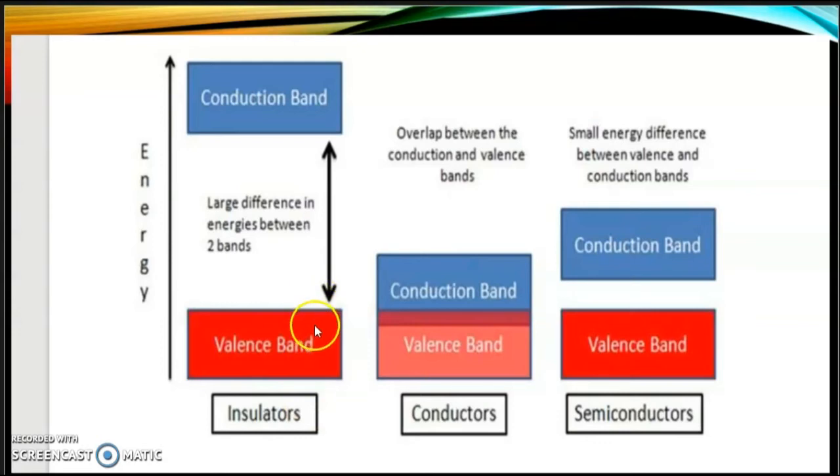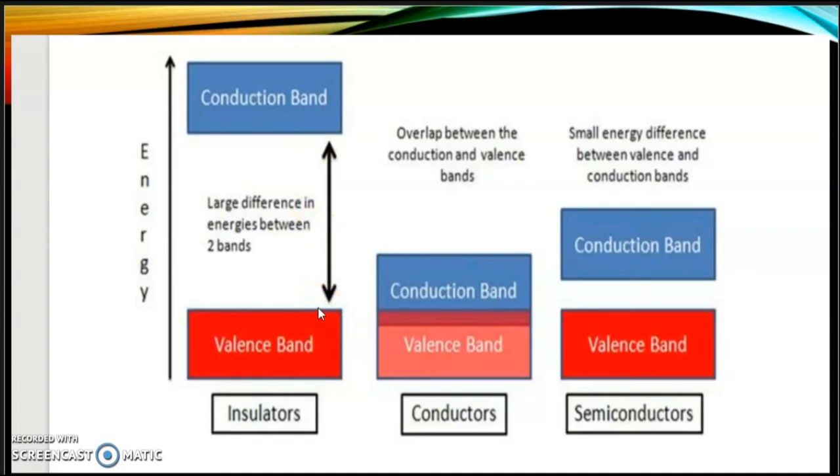So for this reason, no matter how an electron is excited at the valence band, or no matter the energy gained by an electron at the valence band, it finds it very difficult to overcome this gap because the gap is very large.